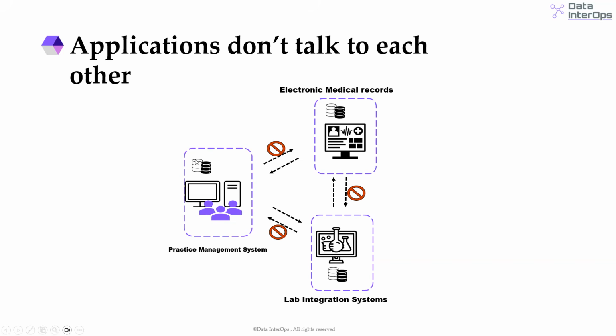So that's what we are talking about here. Once the data is saved in the database, the data has to be sent over to the EMR system or EHR system. Similarly, when the doctor places an order, data should flow over from the EHR system's database to the lab integration system, right?